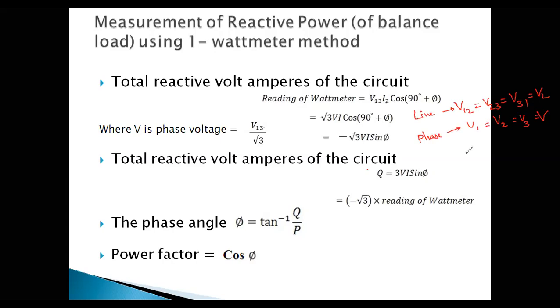Because it is star connected, we'll have line voltage equal to root 3 times phase voltage.